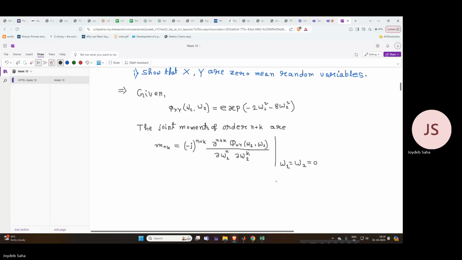Okay, so this is the equation of joint moments.